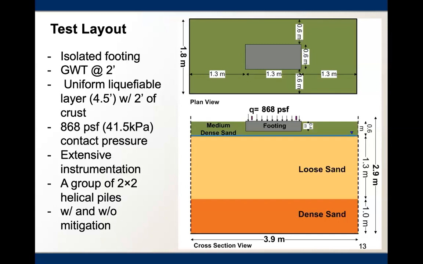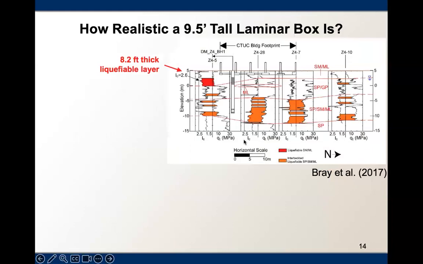And then we had a crust at the shallow depth. In the middle, we had a 4 feet thick loose sand, and at the bottom we had a 3 feet dense sand. So this was our first test. In the second test, we kept everything the same except installing 4 helical piles.